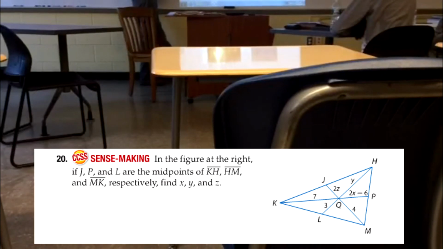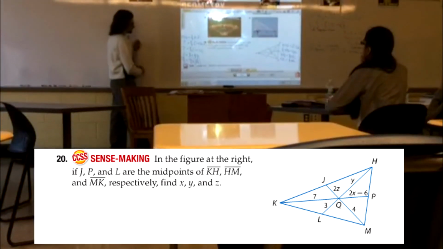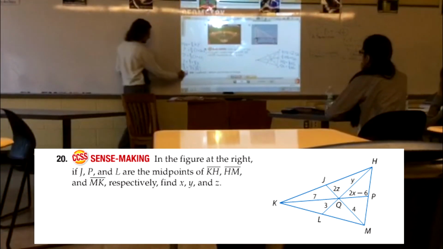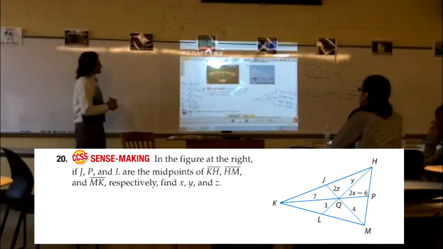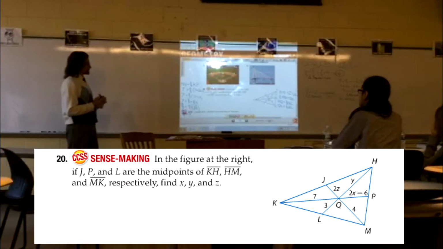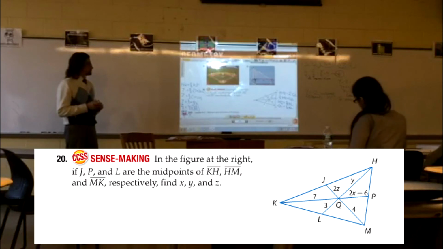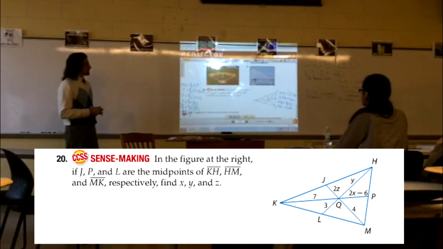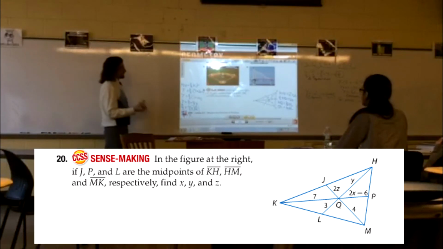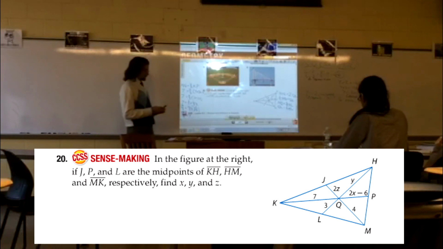And if we multiply by 3/4, our denominators reduce each other, and we get 19/4 equals x, which is the same as 4 3/4. Okay? You can do the same thing. You can use any of those other relationships as long as you know you're dealing with the centroid, or as long as you know you're dealing with medians, or as long as you know that you have segments that connect to a midpoint. All those things go together.